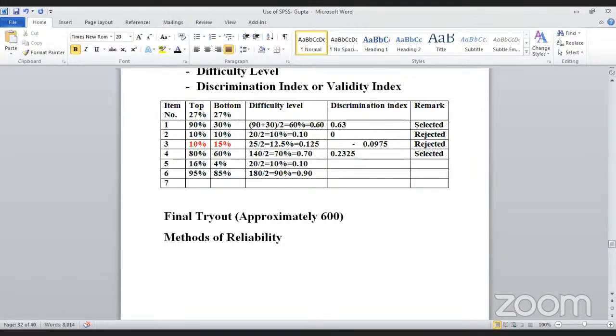But if you think the number is too large, you can take less, depending upon the size of your population. Because I don't know for which population you will be developing that particular test. So accordingly, you can decide. Somebody told one of the participants that wanted to do some research on special children, and there were only 52 people.